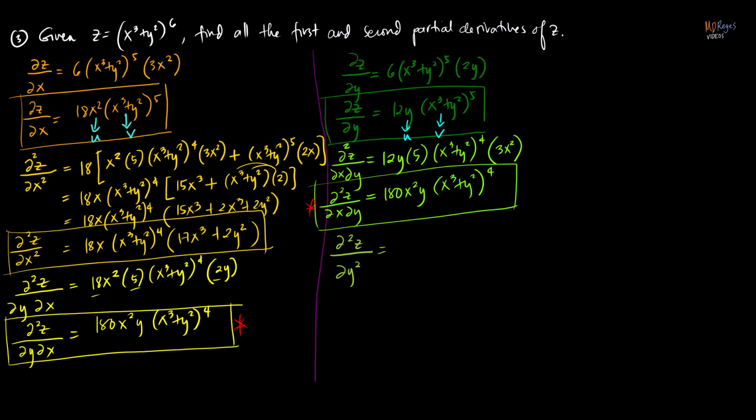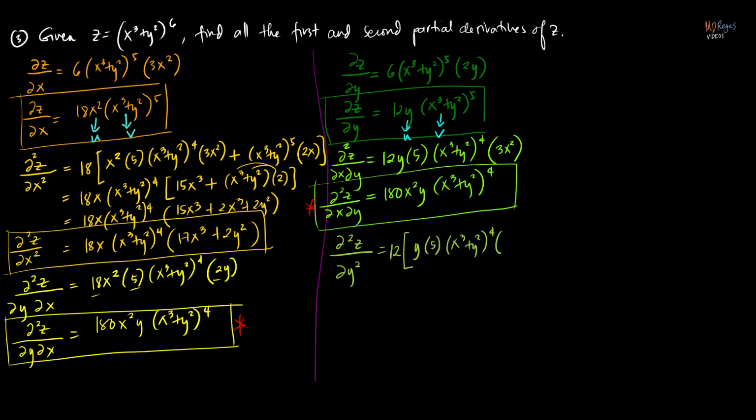So in this differentiation, 12 is just a constant, so let's just copy the constant and get the derivative of the product of u and v with respect to y. So it's u times dv, so y times the derivative of the power of x cubed plus y squared to the 5th using the power rule. That's 5 times x cubed plus y squared to the 4th power times the derivative of the base with respect to y.